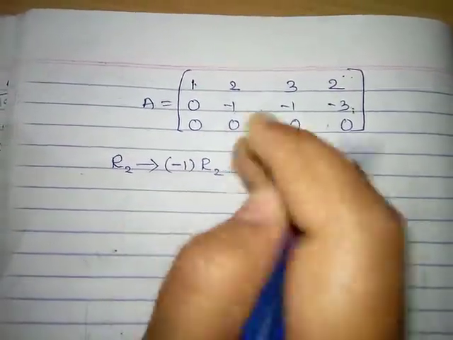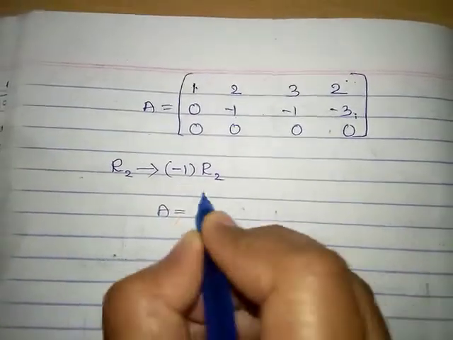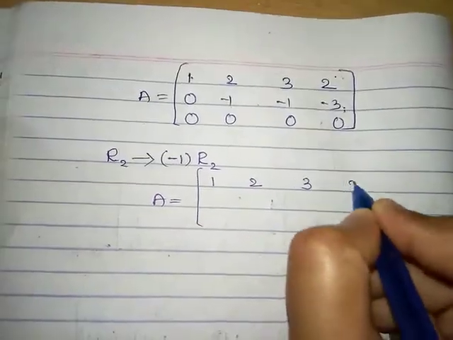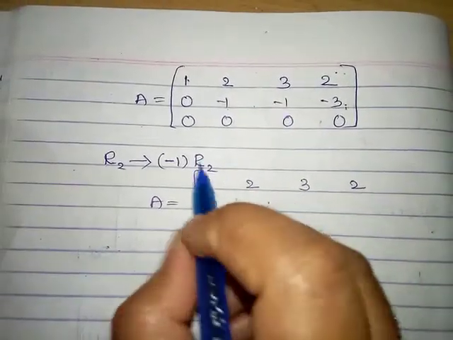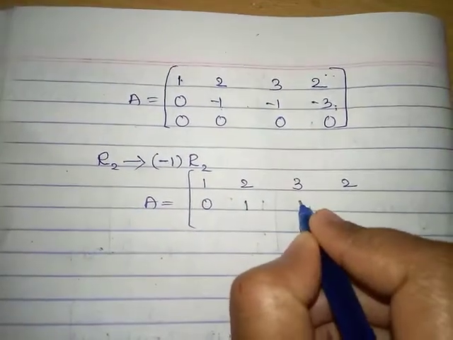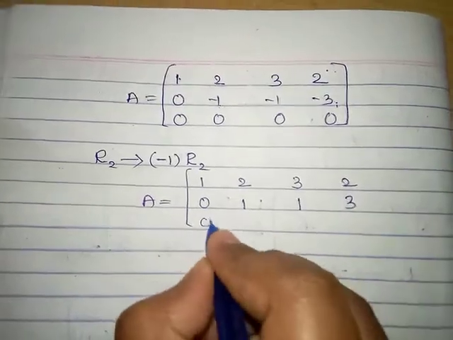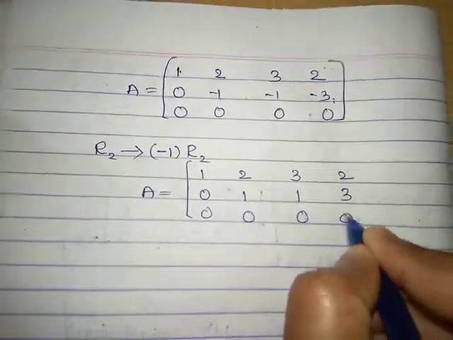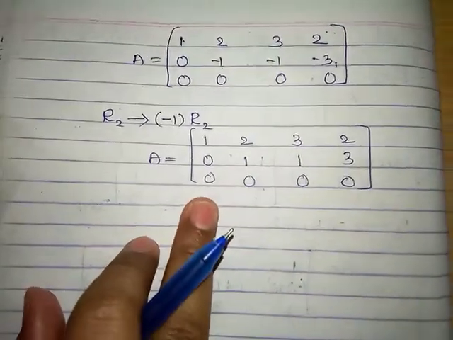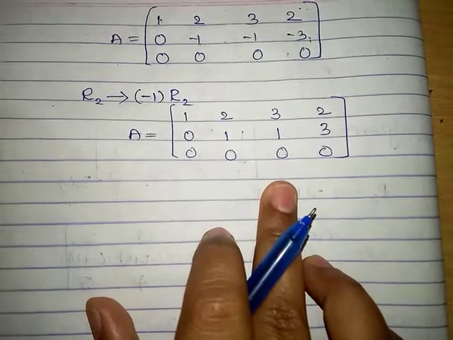I will multiply minus 1 to this R2. It will be what? A is equal to 1, 2, 3, 2, 0. When you multiply minus 1 to this, minus into minus is plus, minus into minus is plus, minus into minus is plus. This is 0.